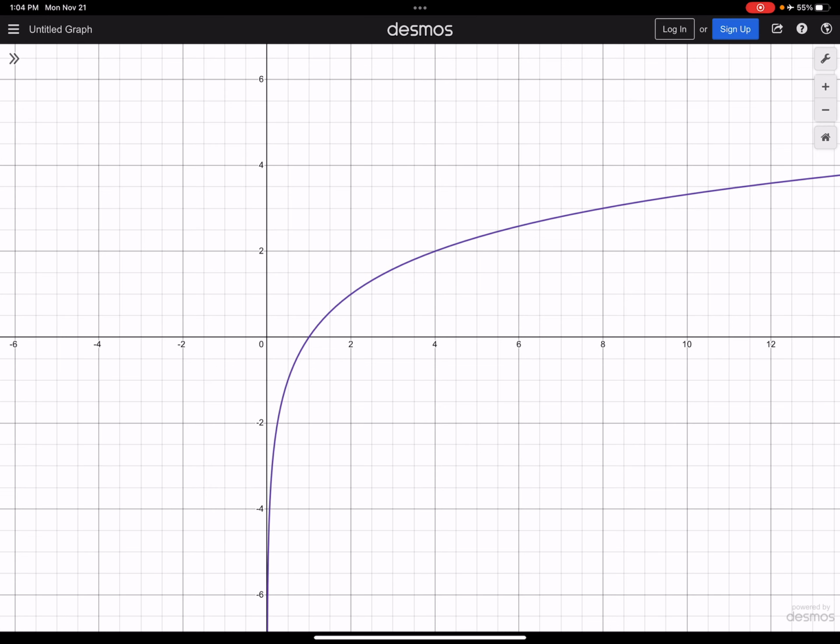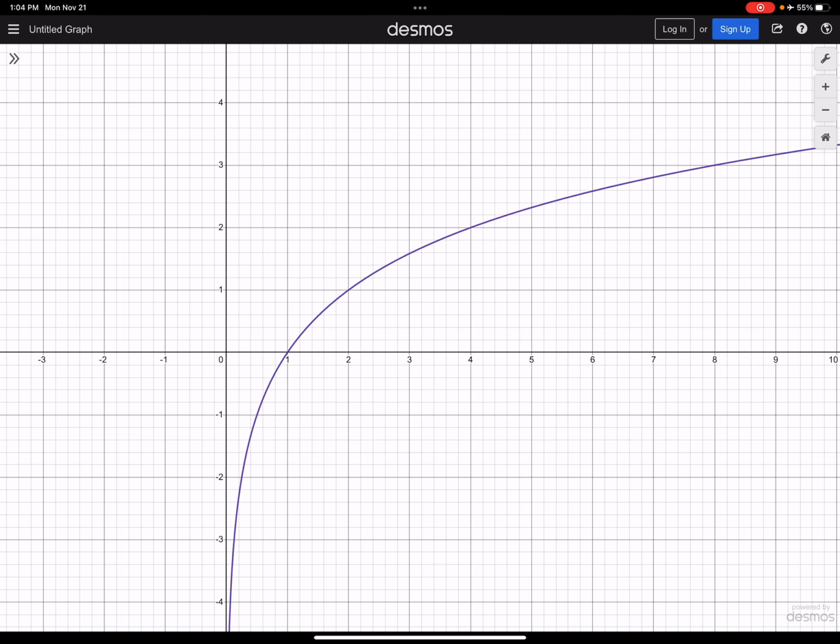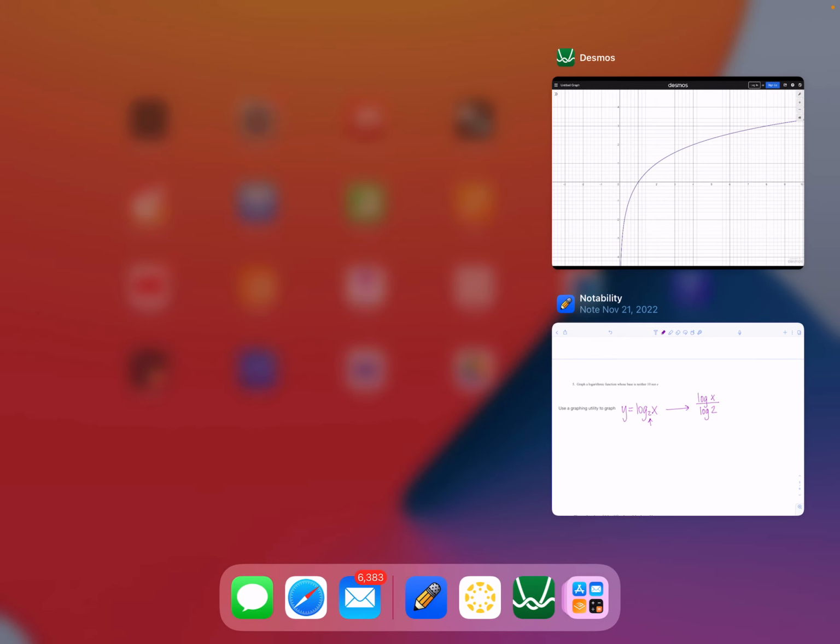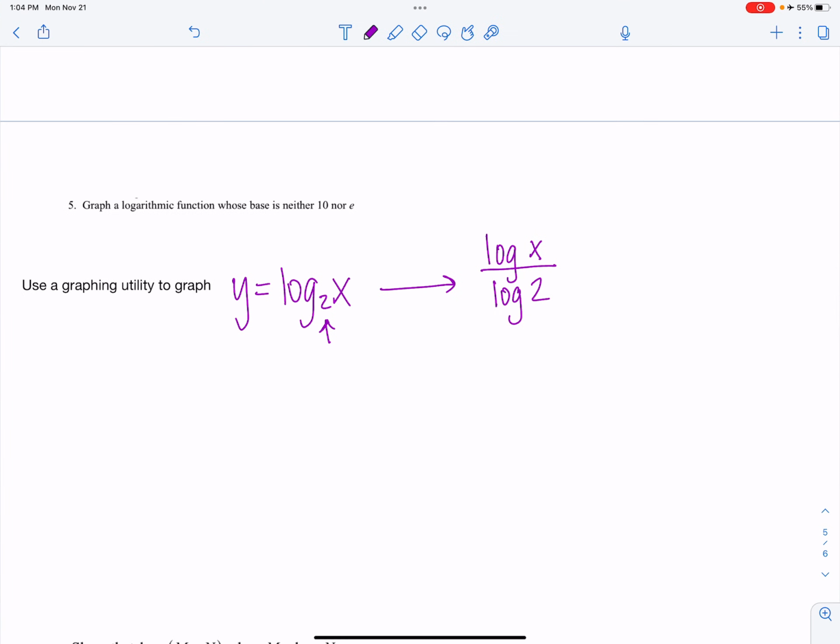So this is our function here, log base 2 of x. And it is slightly different than log of x. It's in a different base. And that is how we graph our log functions whose base is not 10, not e, not these common bases that we are used to. We just use our change of base formula and we're able to graph them just the same.